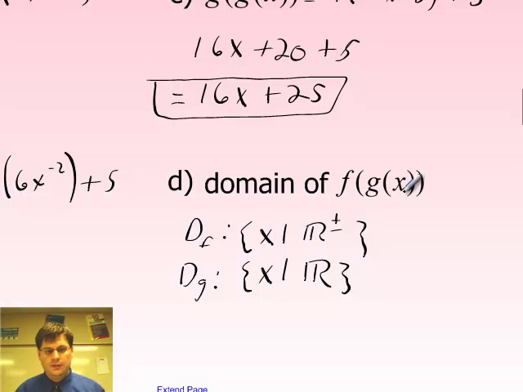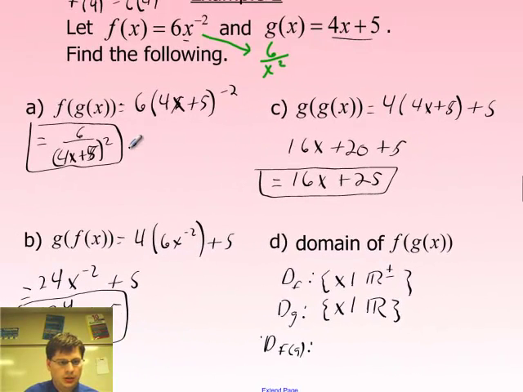But if we're going to do f of g of x, let's take a look at that. So the domain of f of g of x, so f and then parentheses g, is such that, I'm going to refer to our evaluated problem here, and it looks like we can do everything except we can't have a denominator that is 0.